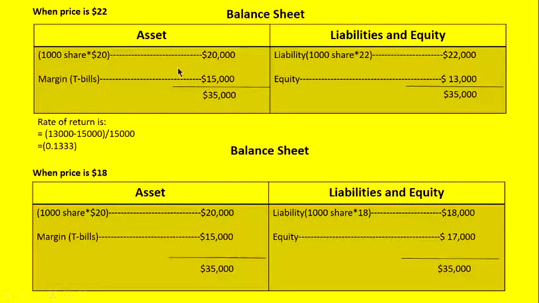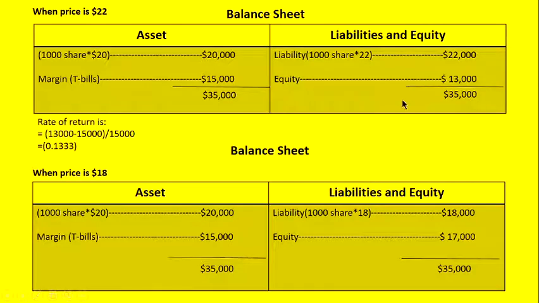So on the asset side, the total amount is $35,000. To make the liability and equity side equivalent, you have to put $13,000 to make $35,000.